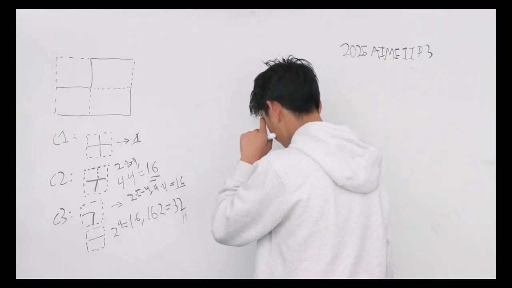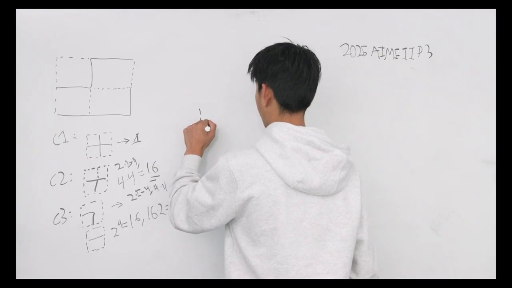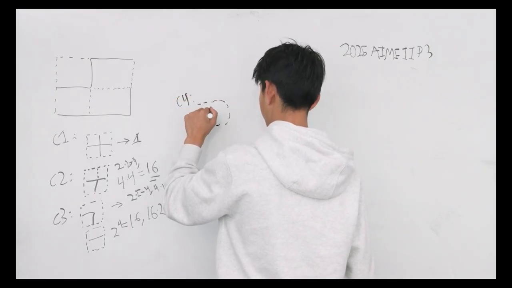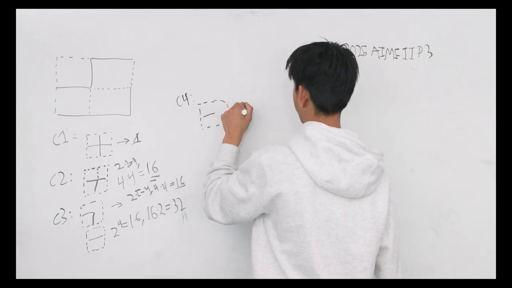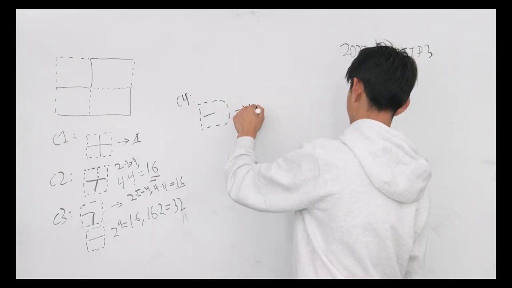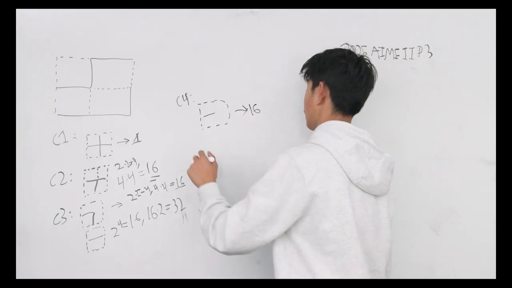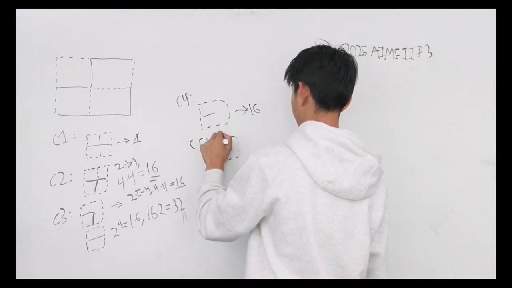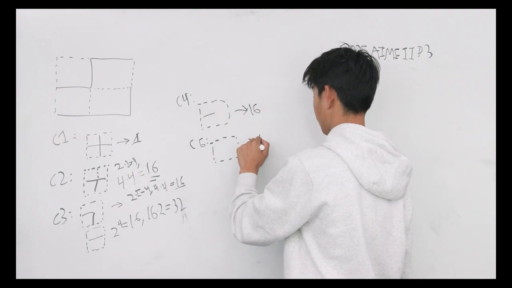For case 4, it's just going to be 1. We automatically can just see this has 16 different ways. And then case 5, where nothing in the center is filled in, this is 1.